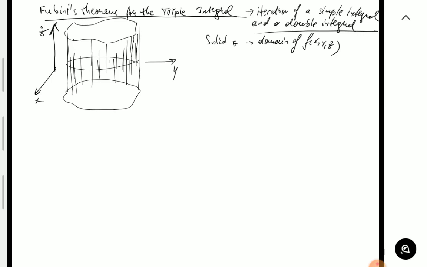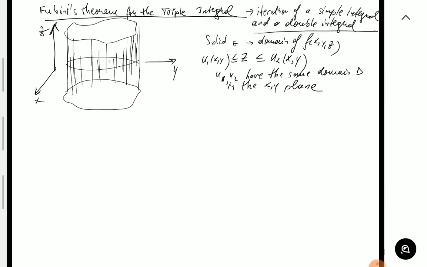So, for example, in this case, the solid E looks like defined by z coordinate between two surfaces, a bottom surface, let's call it u1 of xy, and a top surface u2 of xy. So the bounds of one of the variables can depend on two variables, provided that u1 and u2 have the same domain D in the xy plane.